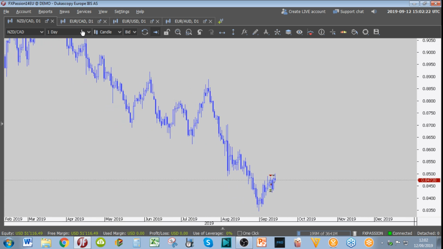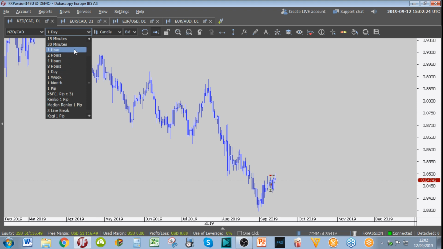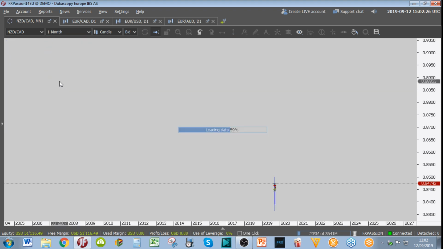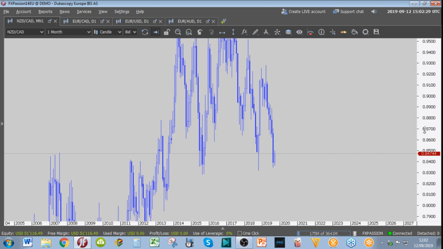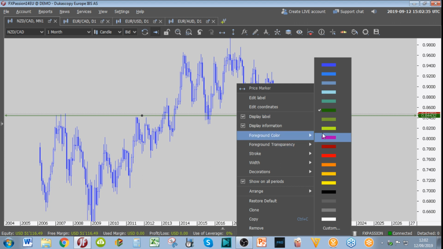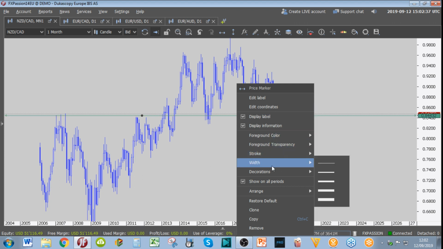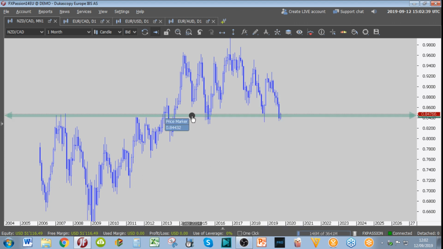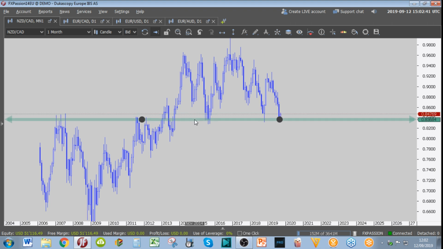So what we're going to do, I'm going to go on the NZD CAD monthly chart first. I'm going to draw first the pivot point, and it's an area, we learned this. It's an area, it's not aligned to the pip.